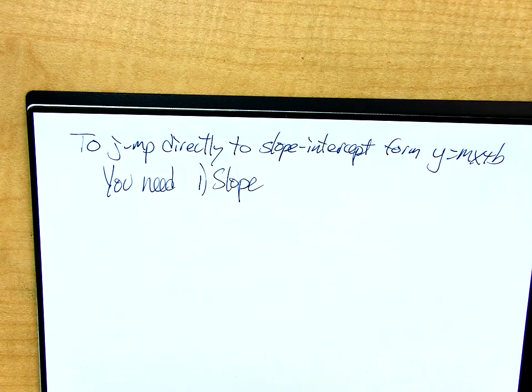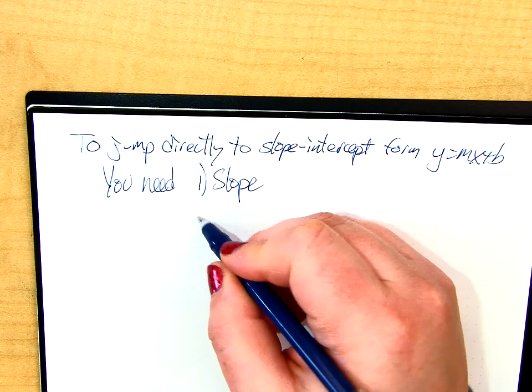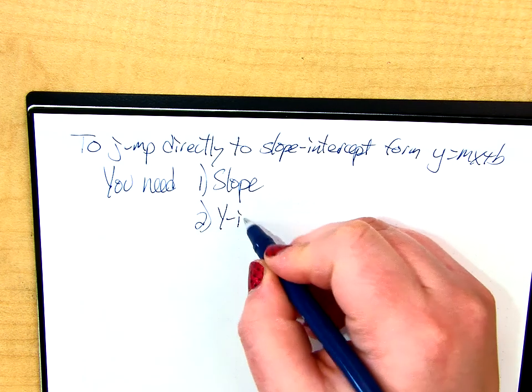You need the slope no matter what you do. To write any equation of any line, you have to start with the slope. Okay? So I'm going to need the slope, and then the second thing I need is the y-intercept.